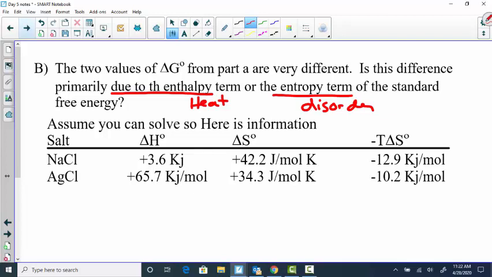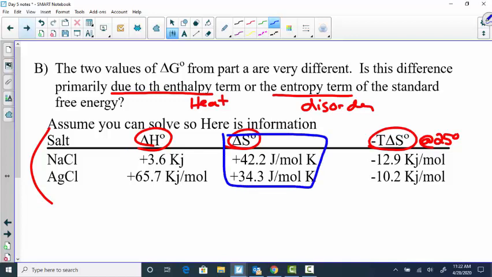And if you look at all the values here, so I listed out the values of enthalpy, entropy, and this is entropy times temperature at 25 degrees Celsius. One of the things that you notice is the disorder is not much different. And the disorder times temperature for these is not much different.